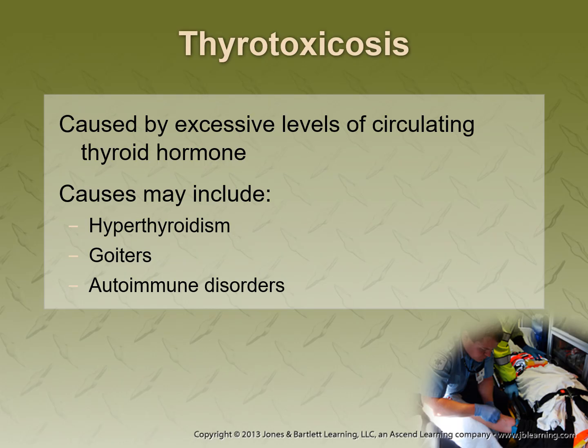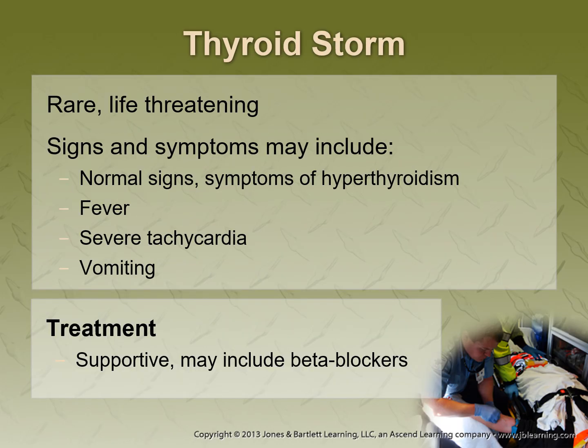So a lot of times when we're seeing this, we're thinking that it's just an SVT, and it's not going to respond the way we want it to. The patient will probably be in a fast sinus tachycardia that will look like an SVT. And then that thyroid storm is the same thing. We can call that thyrotoxicosis and the thyroid storm. We would call them the same thing.